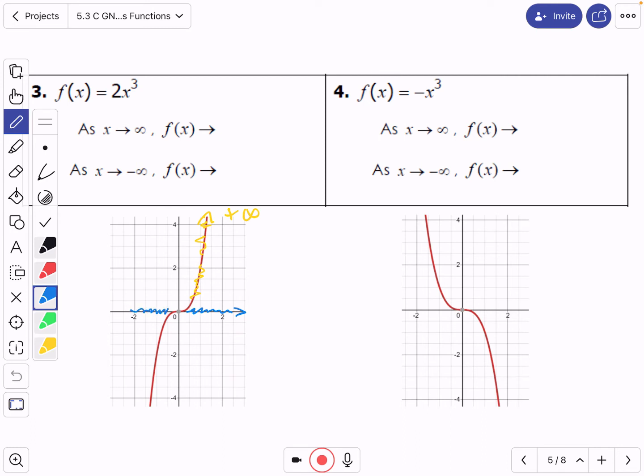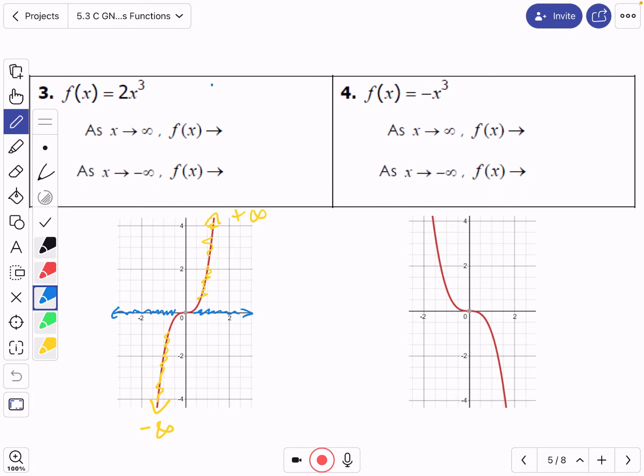And if I head this way on the x-axis and put in more and more negative inputs, I'm headed this way to negative infinity. So this is degree 3, and leading coefficient +2.